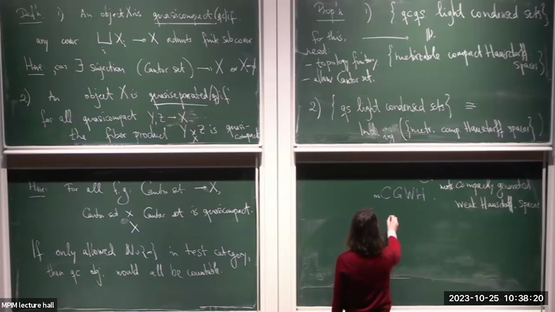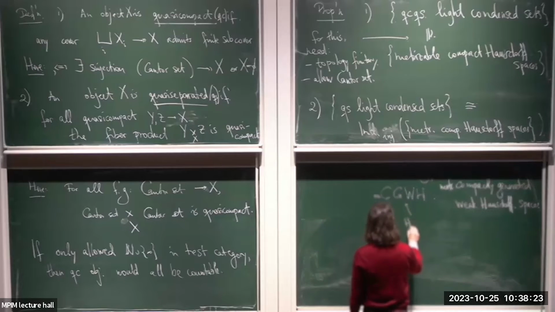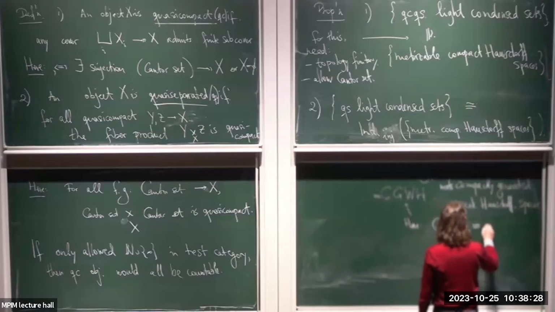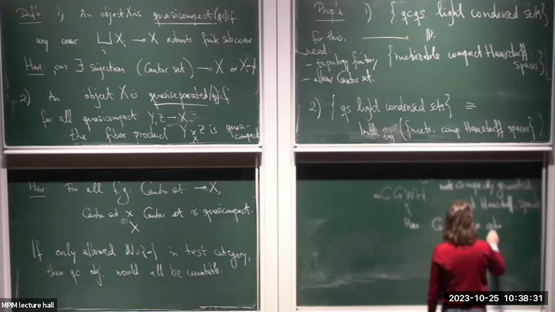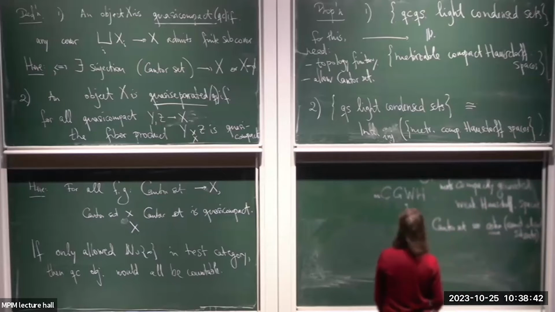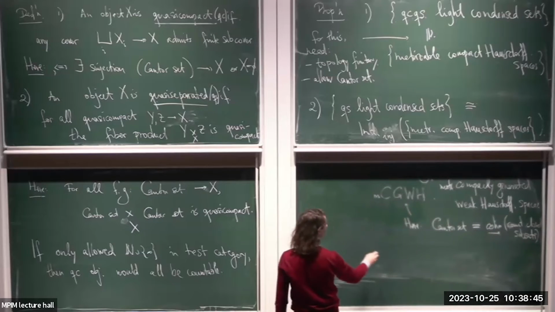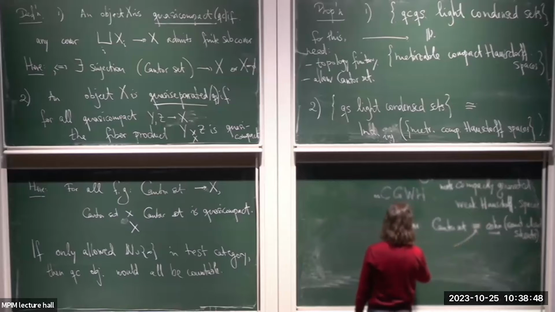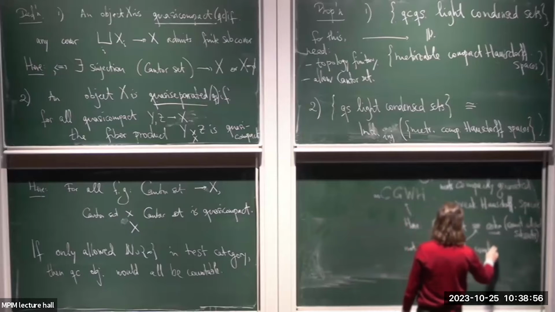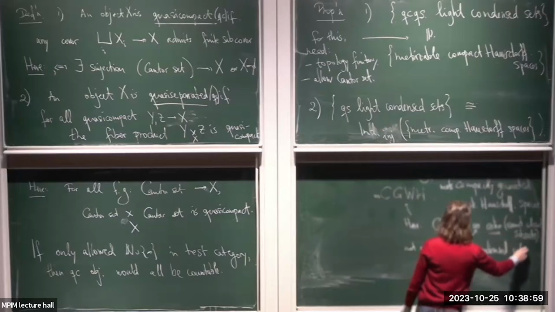But note that they are not the same because in this category, as I said previously, you can write this Cantor set as this huge colimit, a colimit of countable closed subsets. But not in quasi-separated light condensed sets.